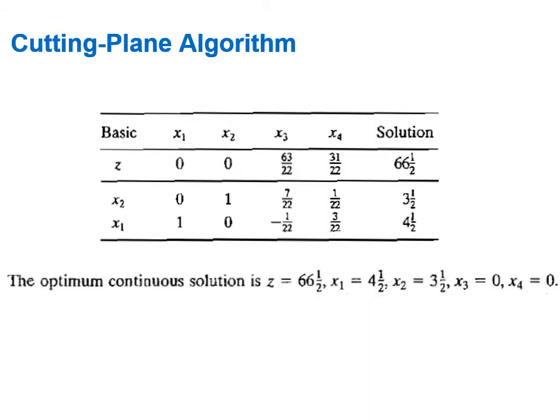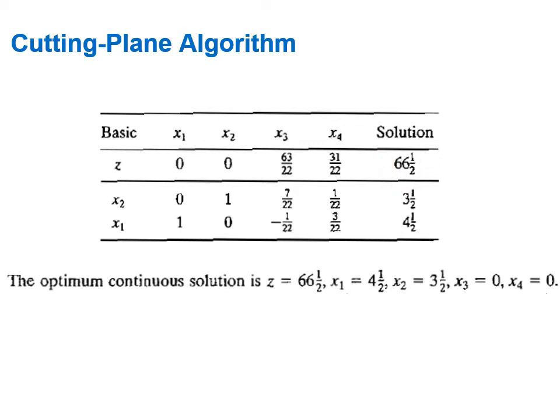If you remember, last time we made this example, and this is the optimal simplex tableau when we solve the LP relaxation of the given problem. You can see that x1 is 4.5, x2 is 3.5, and the optimal z value of the LP relaxation is 66.5.